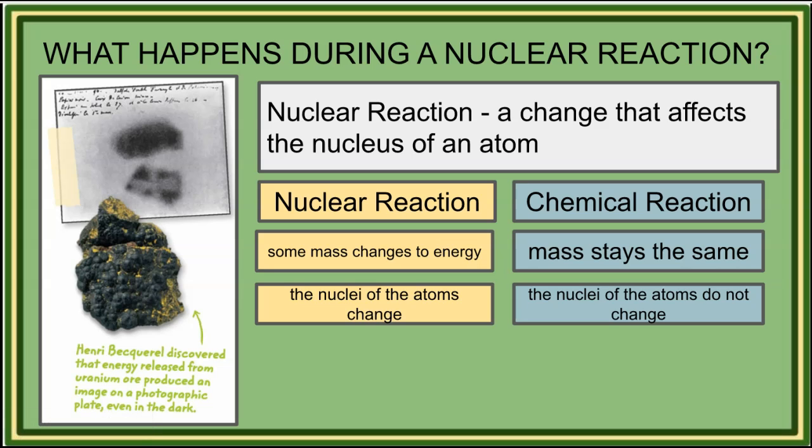In a nuclear reaction, the nuclei of the atoms change. But in a chemical reaction, the nuclei of the atoms do not change. That's because in a nuclear reaction, the reaction is taking place inside the nucleus. But in a chemical reaction, the reaction takes place on the outside of the nucleus with the electrons.